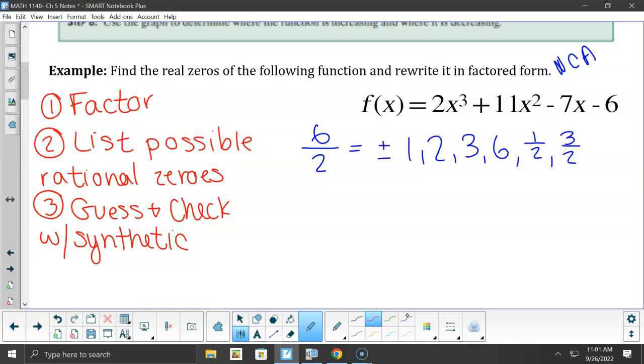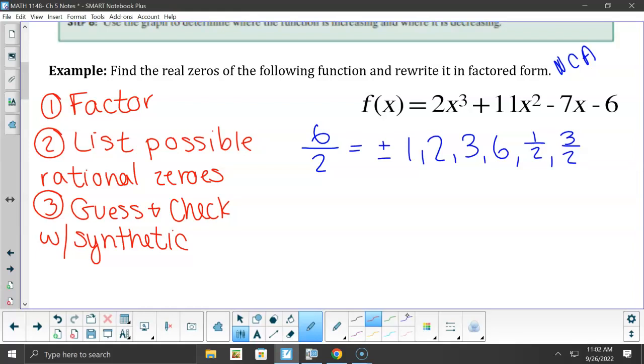Positive 3? Negative 3. Make sure you guys chat with your team. See if you guys are in agreement with what you got.